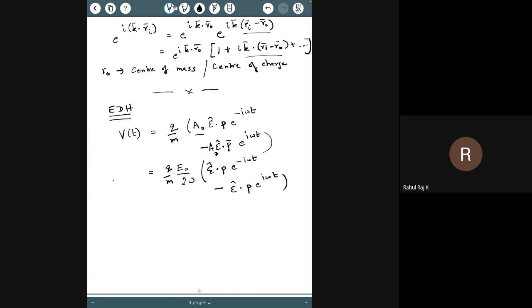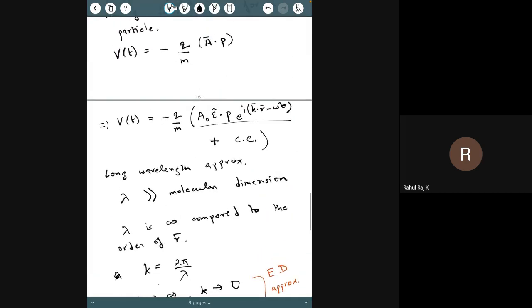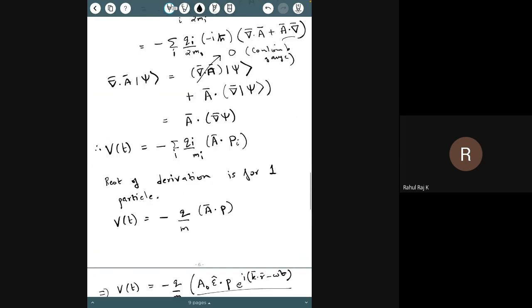Okay. And then again we have, if we like, we can write this with the sine omega t. So this is, wait, no, we're missing an i somewhere, I think.